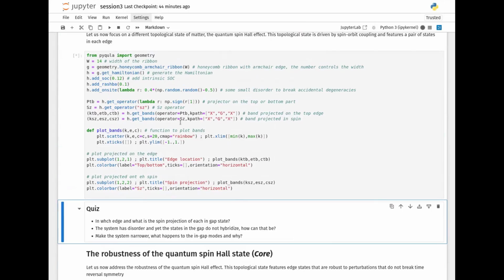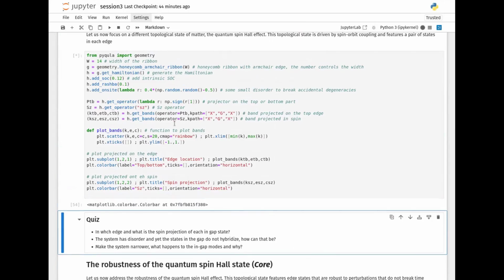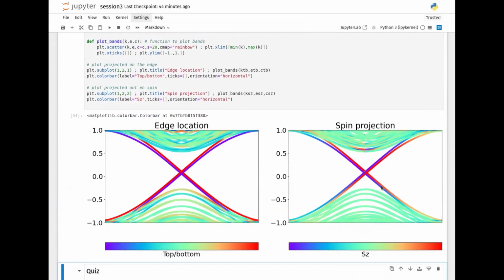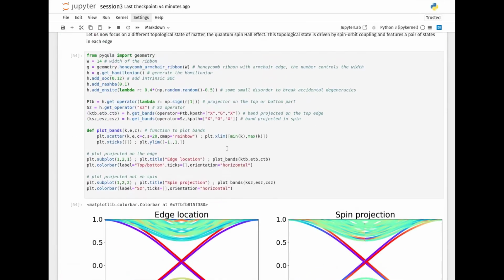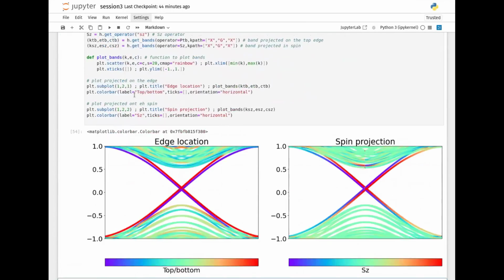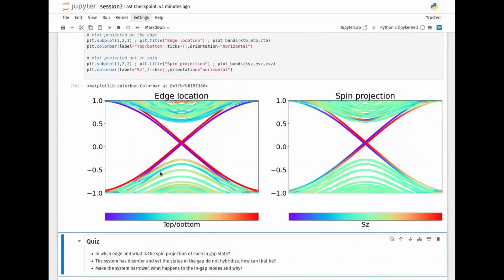So here what you have is a system in which spin is no longer a well-conserved quantum number because you have Rashba spin orbit coupling, you have disorder, and yet the states are crossing over there. And this is, again, protected by time reversal symmetry. Both Rashba spin orbit coupling and disorder do not break time reversal symmetry, and only when you break time reversal symmetry can you get a gap opening.